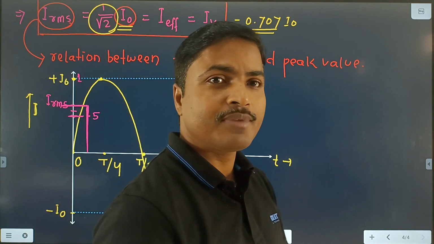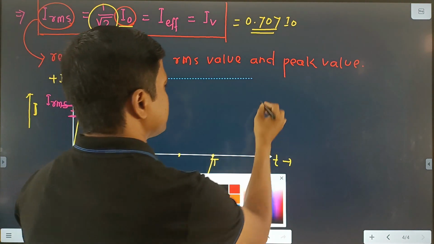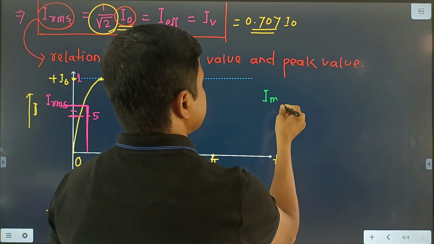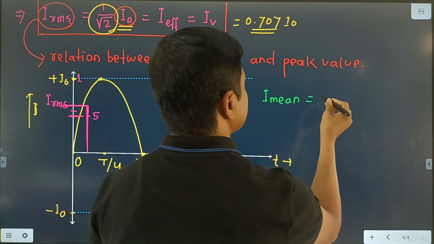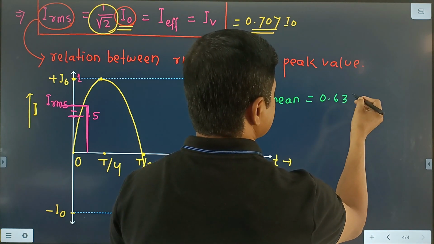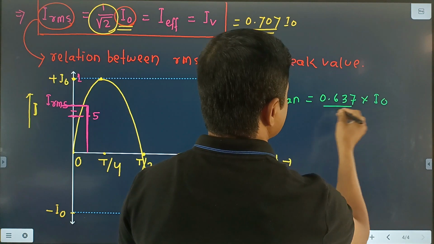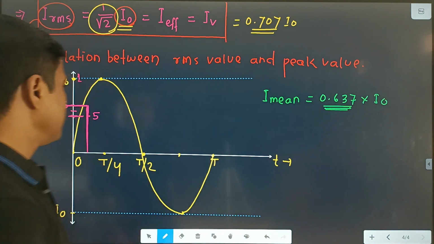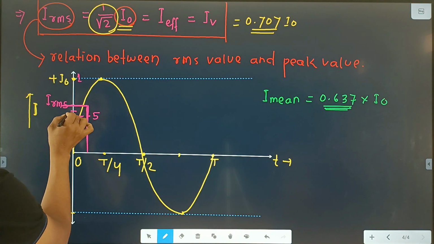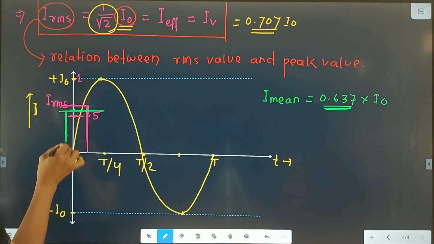And you also know the mean value. You know this formula: I mean is equal to 0.63, approximately 0.637 multiplied by I0. You know this formula, 0.63. 0.63 means this line, from this point to this point.